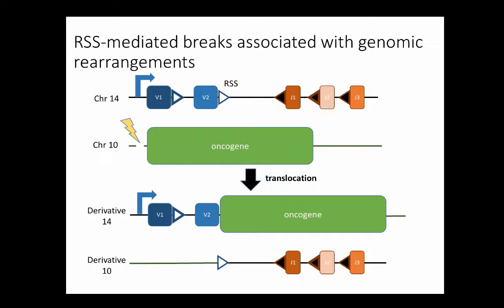And if this gene is an oncogene, what's critical here is that since the TCR loci are very active, highly expressive promoters, these promoters can now drive the expression of an oncogene, which can then proceed on to leukemogenesis.